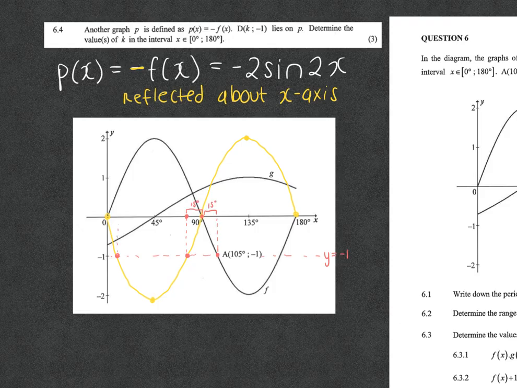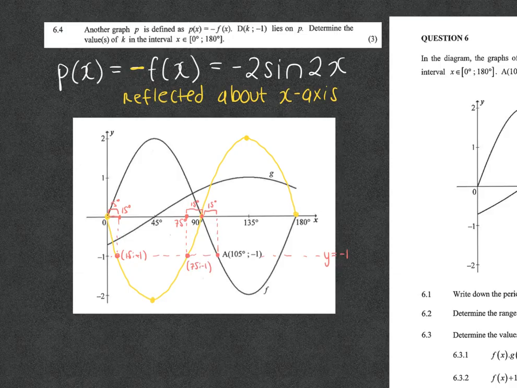And then it's going to have the same distance from here to here, 15 degrees. So this is going to be 75 degrees, and this is going to be 15 degrees. So now I know that this value here would be 15 and minus 1, and this value here would be 75 and minus 1.